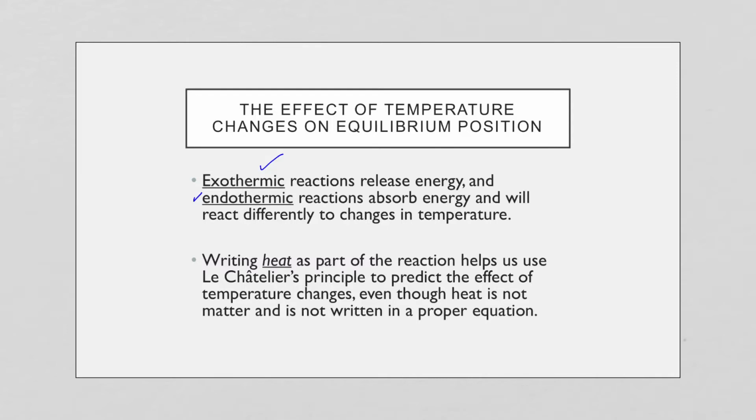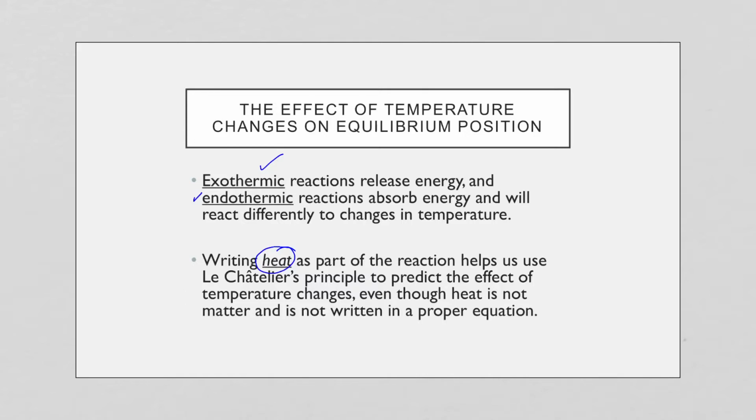And once we know this, one thing that can make it easier to study the effects is to treat heat as a part of the reaction, in terms of, is it a product or is it a reactant? So in an exothermic reaction, heat would be a product. In an endothermic reaction, heat would be a reactant.